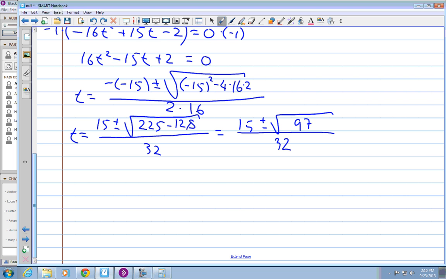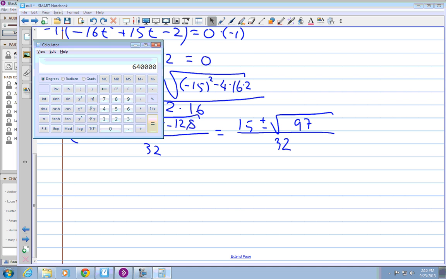Well, what is it? If I plug it in a calculator, the square root of 97, whatever that is. So we'll get two answers. 15 minus the square root of 97 over 32. So that's one answer. So what is it, 0.16 of a second?